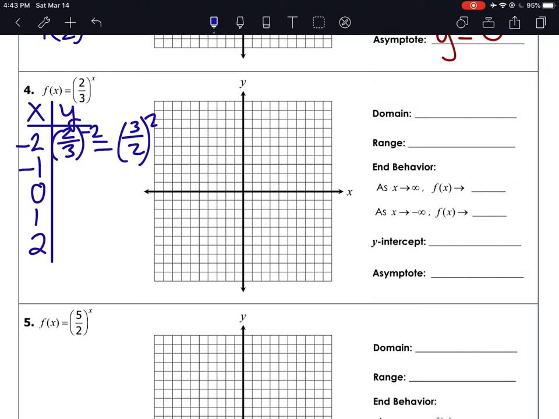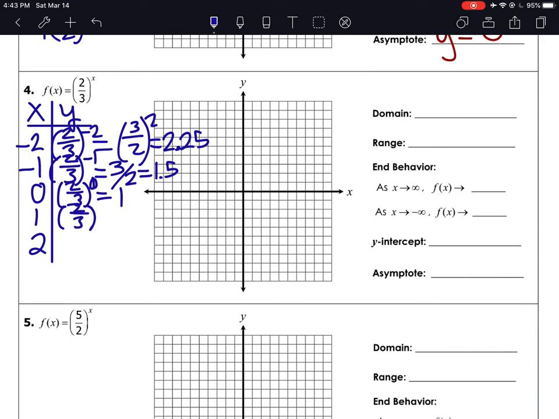Same thing as writing 2.25. 2/3 to the negative first power is the same thing as doing the reciprocal, and the reciprocal would be 3/2, same thing as saying 1.5. Anything to the 0 power is 1.